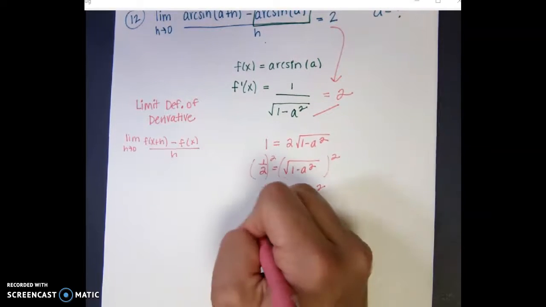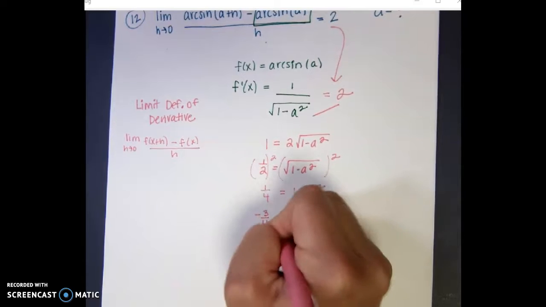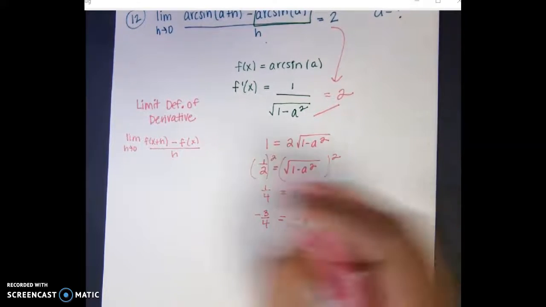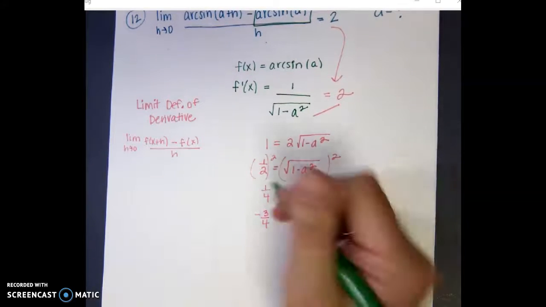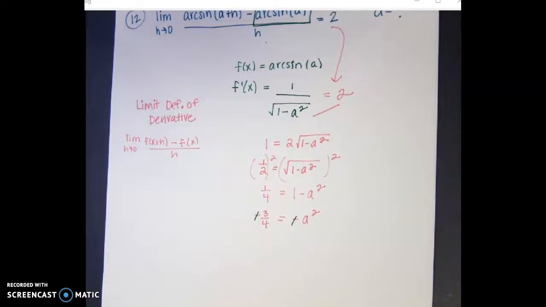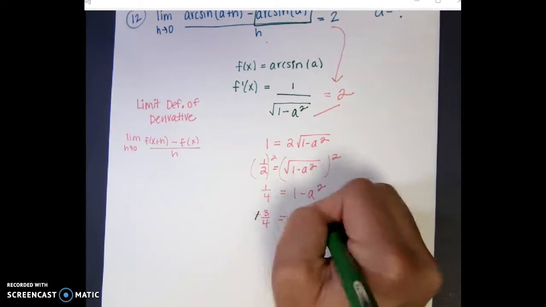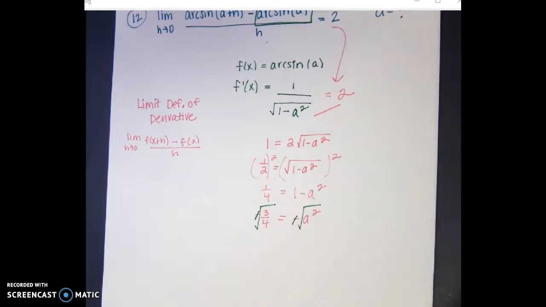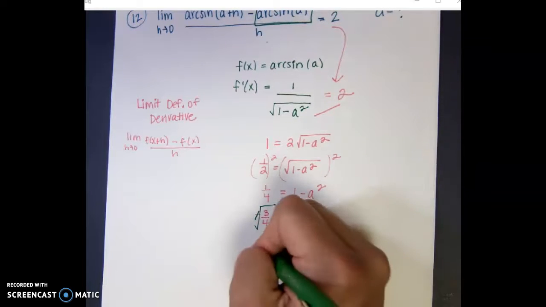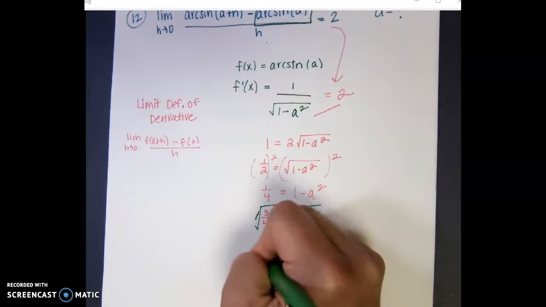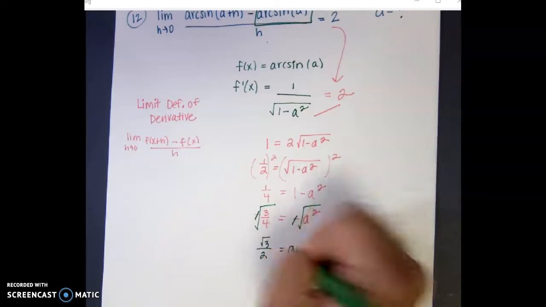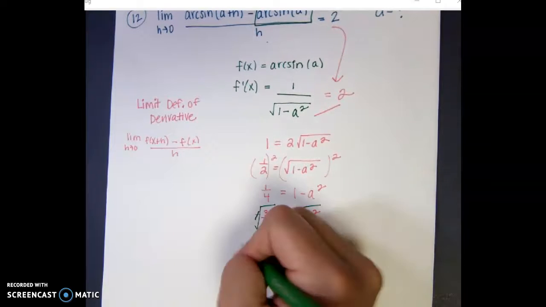Then I'm going to subtract that 1 over. I'm going to just go ahead and mark out these negatives. So then I would just need to take the square root to get rid of the square. So we're going to end up with the square root of 3 over 2 is equal to a, which was answer choice B.